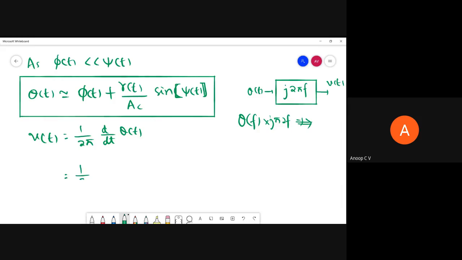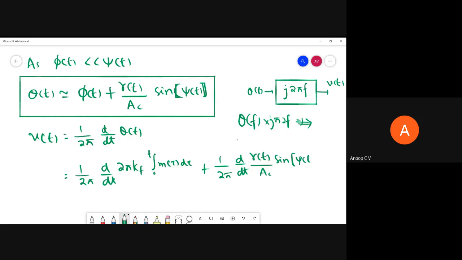This is equal to 1 by 2 pi d by dt of phi of t, which was 2 pi kf times the integral 0 to t of m of tau d tau, plus 1 by 2 pi d by dt of r of t by Ac sine psi of t.